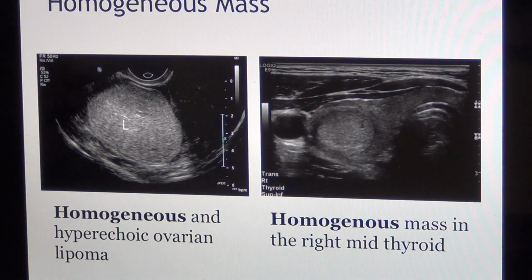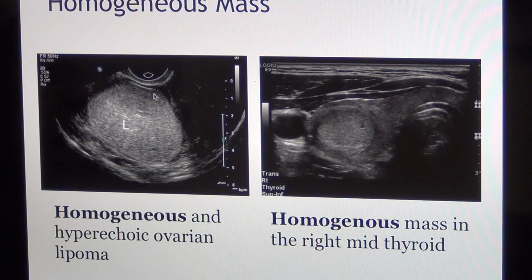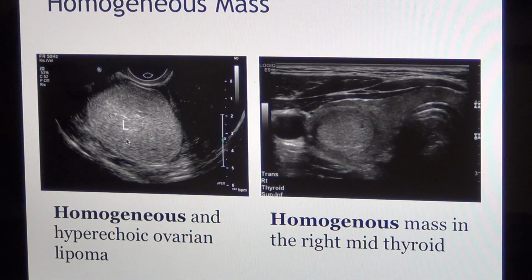Now homogeneous mass. Look at here. This is an ovarian lipoma, and it's a very rare ovarian lipoma, or anywhere. It is a lipoma. So lipoma is homogeneous. Okay, this is homogeneous. It's all over the same. Here is a homogeneous mass in the right mid thyroid.